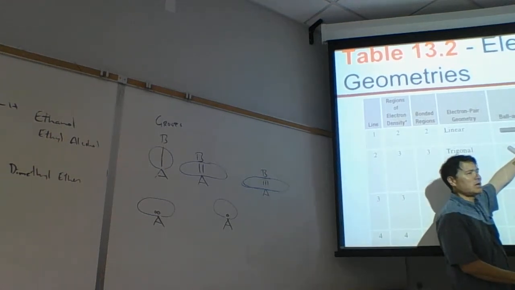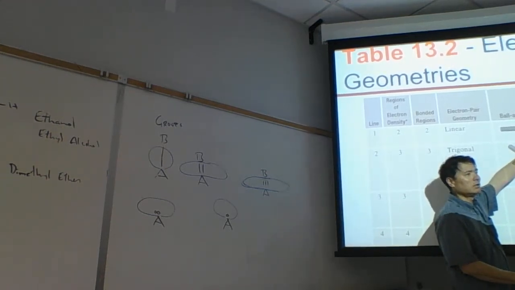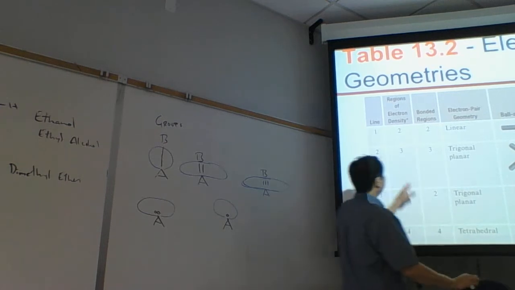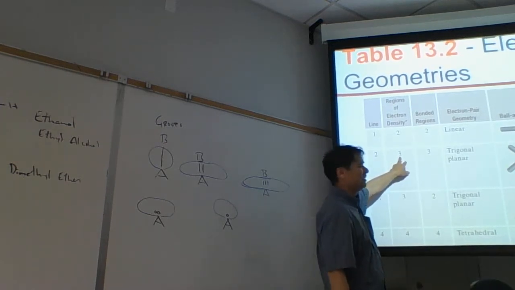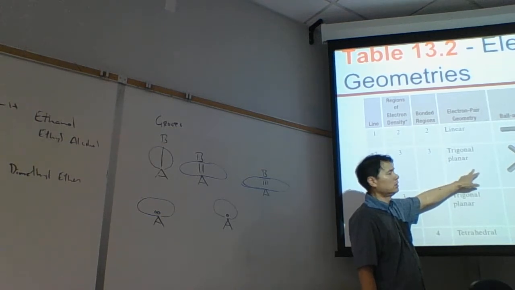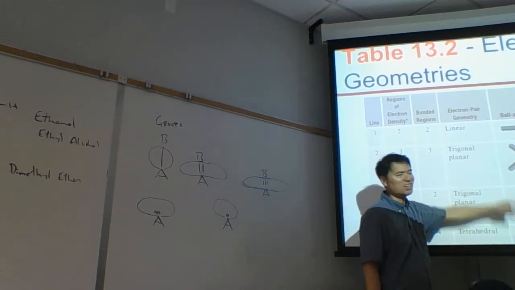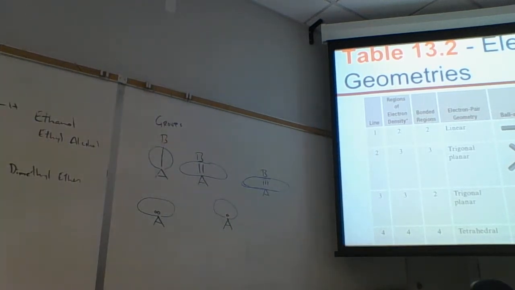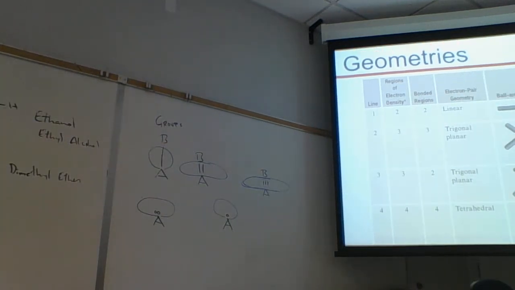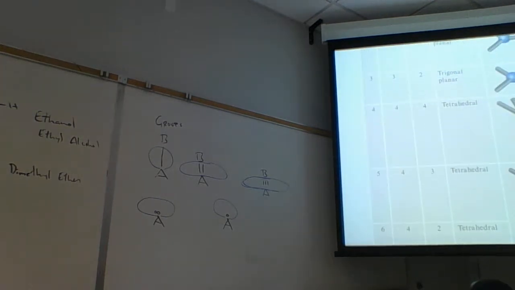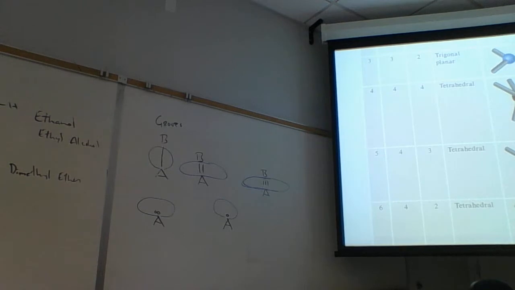Well, two groups is going to adopt the linear electron geometry. If we have three groups, it's going to adopt the trigonal planar electron geometry. What if we have four groups? If we have four groups, it's going to adopt the tetrahedral electron geometry.